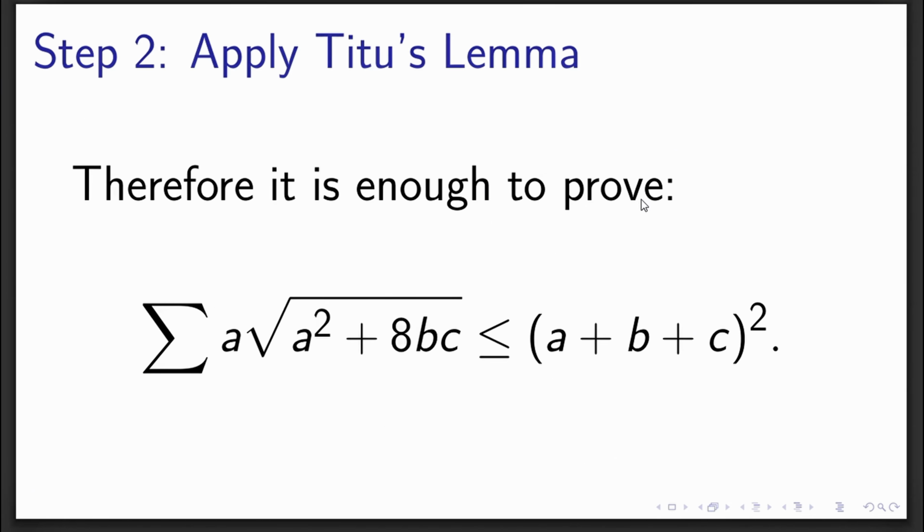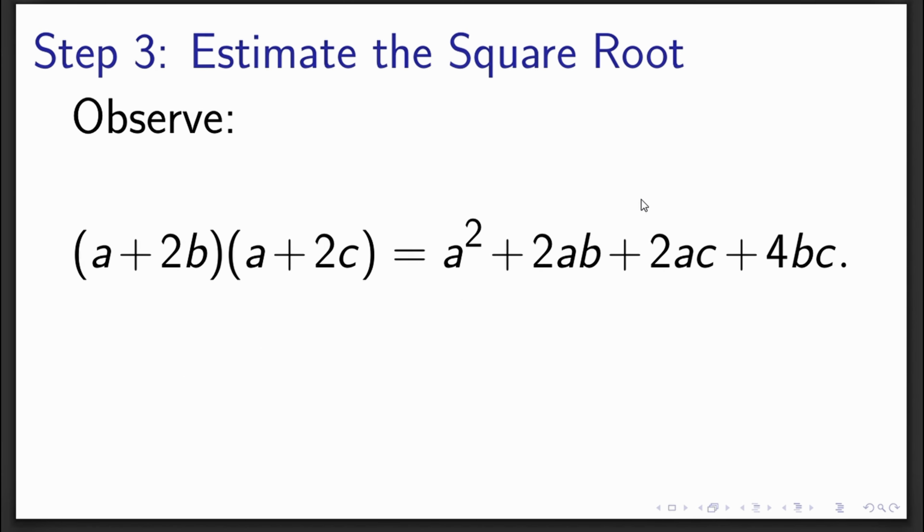This means we need to prove summation a into root of a square plus 8bc is less than or equal to a plus b plus c whole square. By using the observation, we can write a plus 2b multiplied by a plus 2c will be equal to a square plus 2ab plus 2ac plus 4bc.